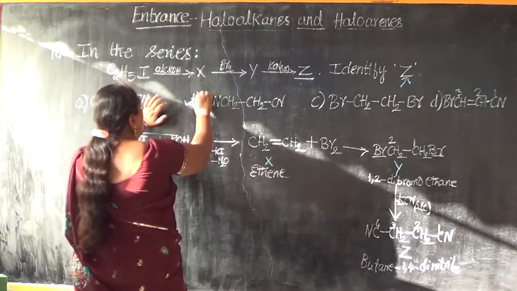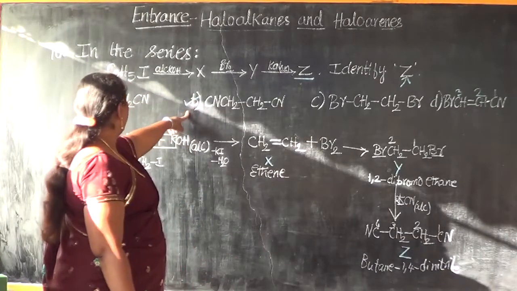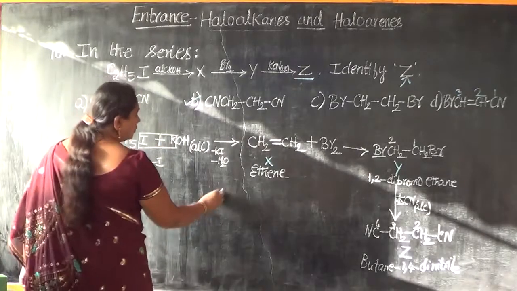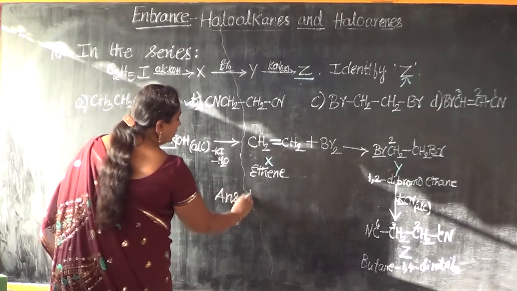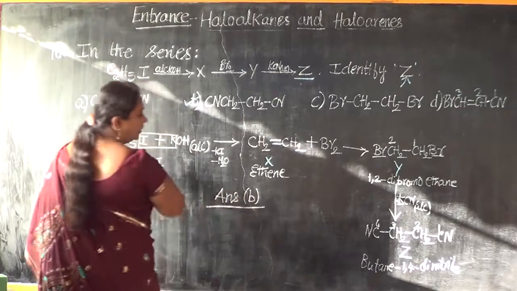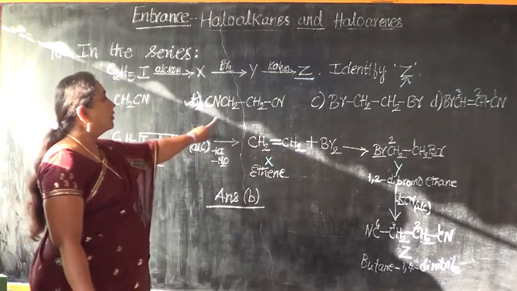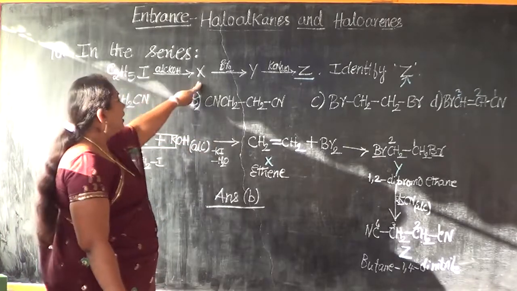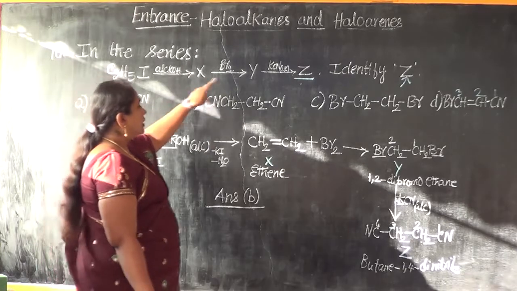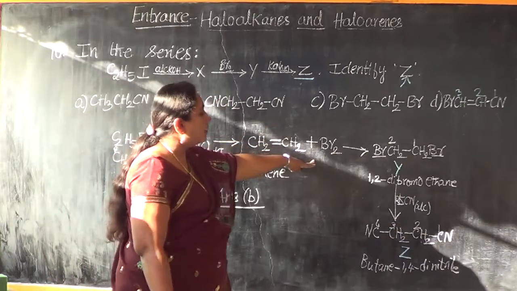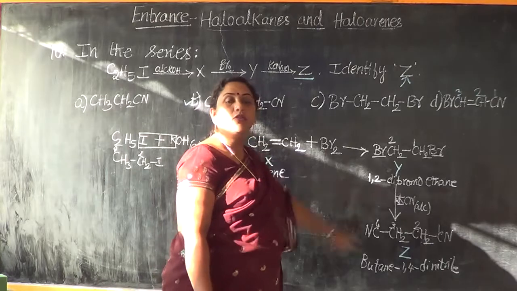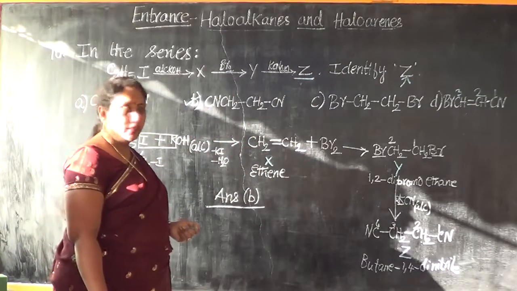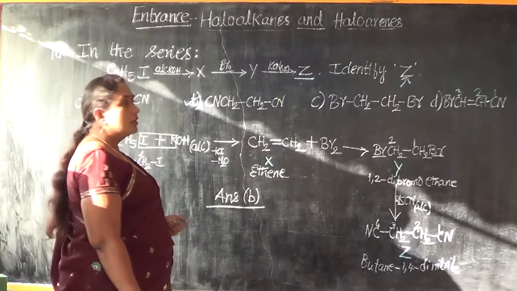So the answer will be B. Option B is the correct answer for the question that's been asked: butane 1,4 dinitrile. The first step involves dehydrohalogenation. The second step involves addition of Br2. The third step involves a nucleophilic substitution reaction with ethanolic or alcoholic KCN.